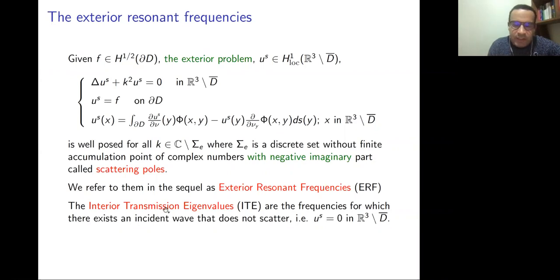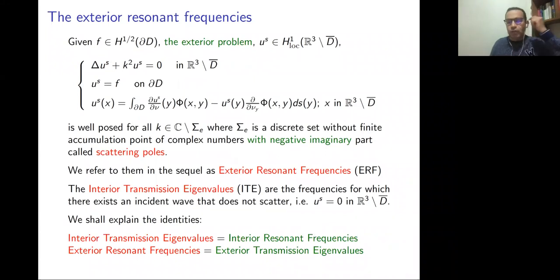So these interior transmission eigenvalues are the frequencies for which there exists a scattered wave that is zero for non-zero data. Okay, and the duality I want to express is, of course, well known: interior transmission eigenvalues are related to some interior resonance. So transmission eigenvalues are some resonance. And what is somehow new is that exterior resonance can similarly be viewed as invisibility, but for some interior problem.